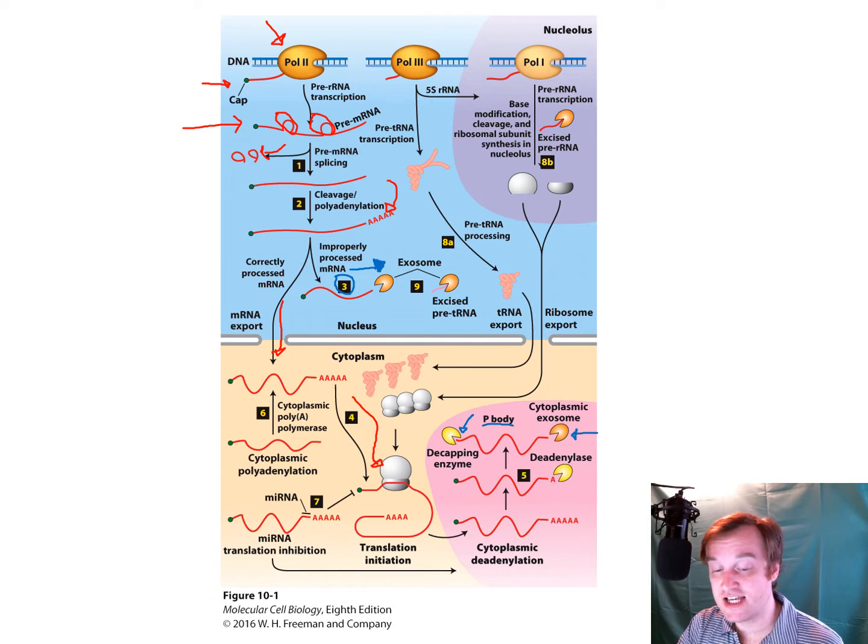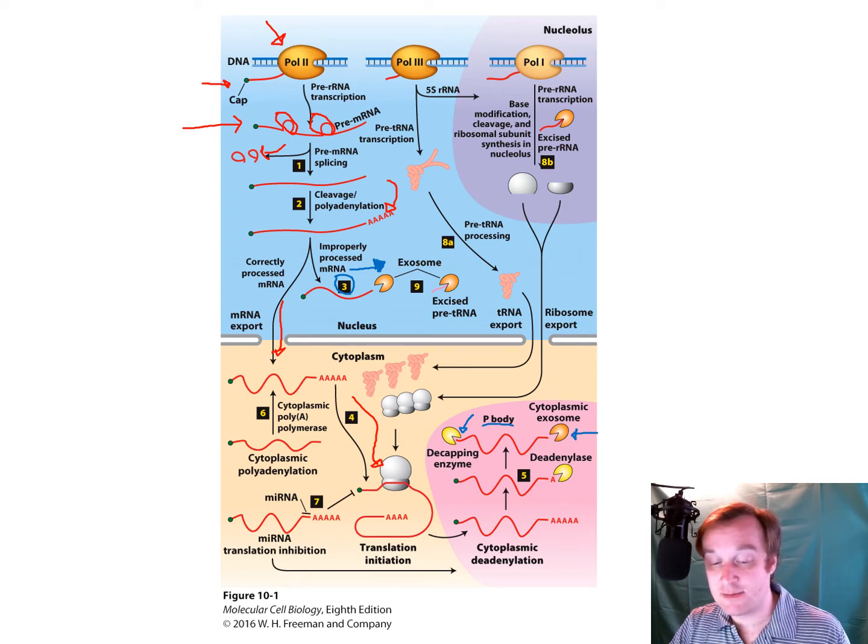So we just have our ribonucleic acid without the 5' or 3' alterations, and then it will degrade it. And so this is one way that we can control the amount of protein being created, through this P body and degradation of mRNA.